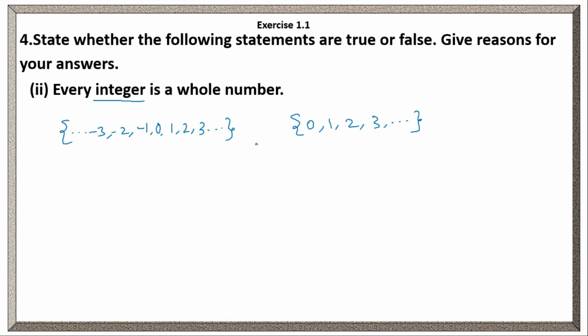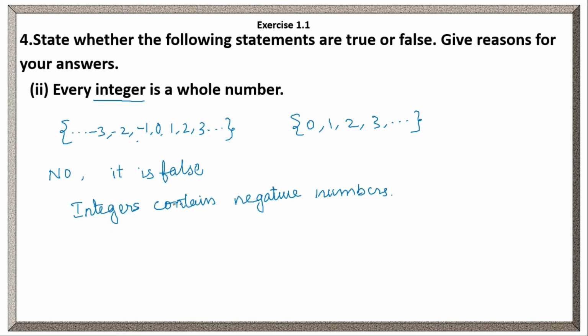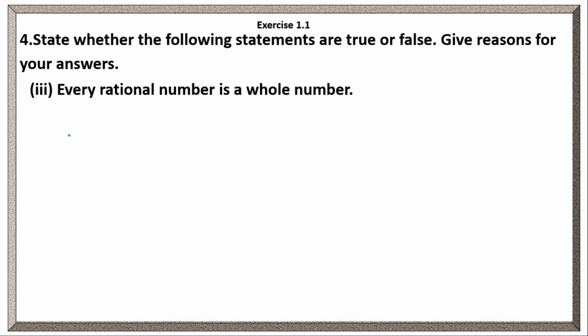Every integer is a whole number? No, right? Negative integers are not there in whole numbers. So, no, it is false. Because integers contain negative numbers along with whole numbers. Clear? Let's see third bit.